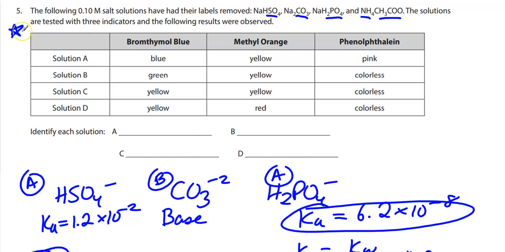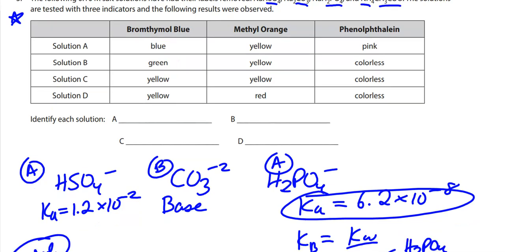Okay, so let's look at our ranges. This is like deciphering a puzzle, like an escape game, a chemistry escape game. Okay, so let's look at bromothymol blue. We know that when it's blue, it has to be a pH higher than 7.6, right?